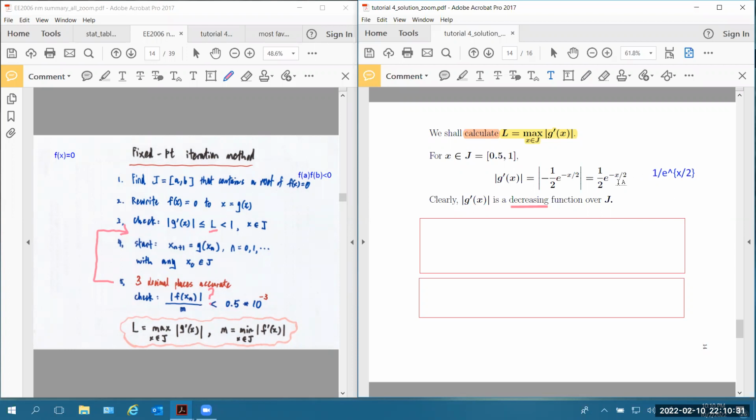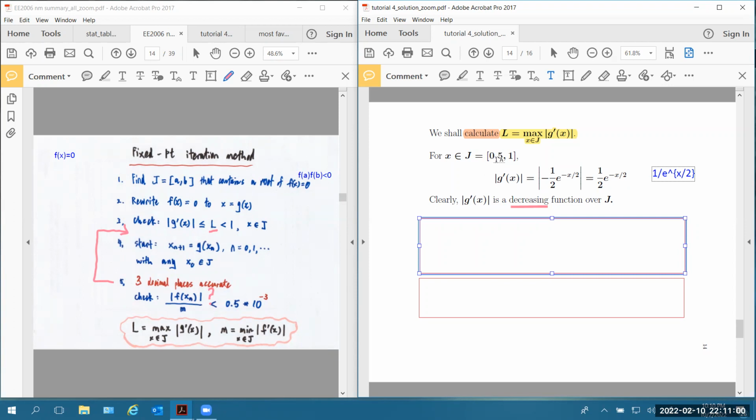This negative power means 1 over. So you can see that when your x increases, this value actually decreases. So it's a decreasing function. If it is a decreasing function, then you want to maximize. So what x can we put in there to make this maximum?